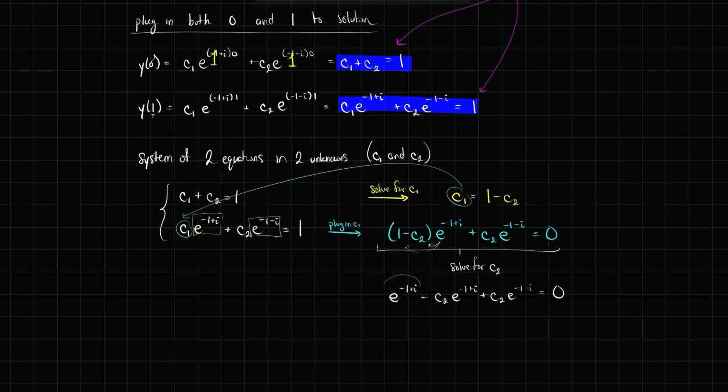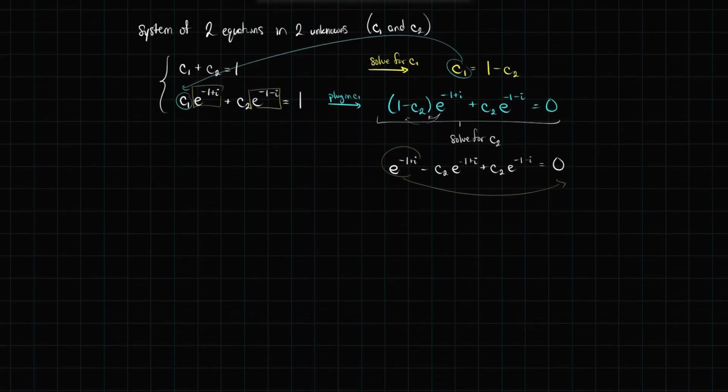I can go ahead and move this to the right-hand side and factor out a C2. That's going to give me C2 times, and then I have really a negative copy of e to the minus 1 plus i, and a positive copy of e to the minus 1 minus i. That's equal to negative e to the negative 1 plus i.